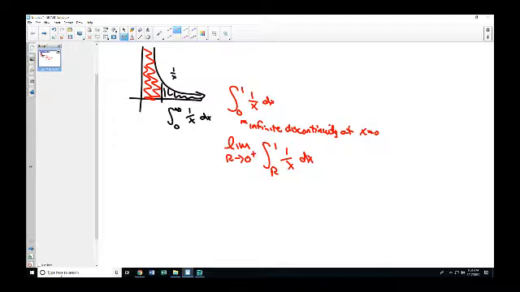All right, so natural log absolute value of x.